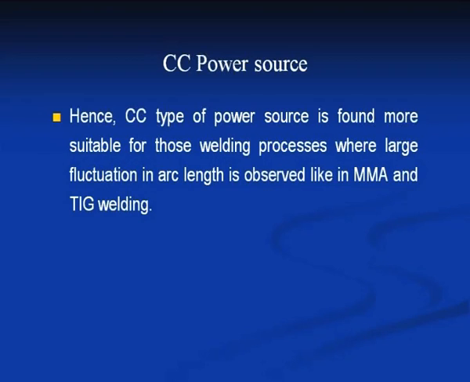In MMAW and GTA welding, mainly manual control is used to manipulate the arc, where there is a lot of possibility for fluctuation in arc length, and this fluctuation will affect the arc voltage. But in the case of constant current power sources, the arc current and welding current do not change appreciably, and that is why a smooth weld bead is produced due to the constancy of the arc current.